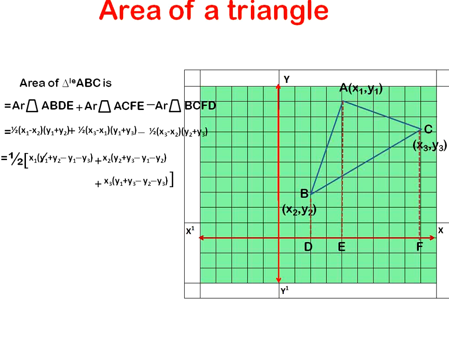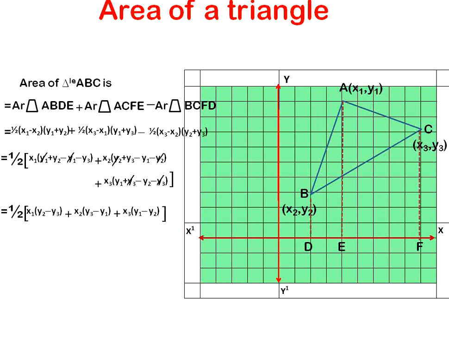Now the same terms with different signs cancel: y1 cancels, y2 cancels, and y3 cancels. Now we have half into x1 into (y2 minus y3) plus x2 into (y3 minus y1) plus x3 into (y1 minus y2).